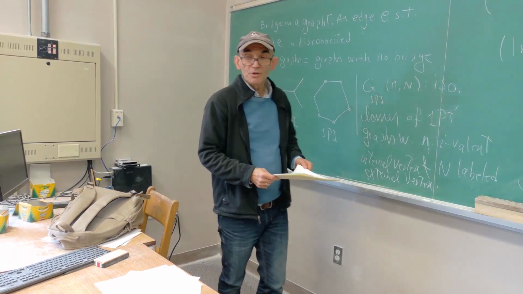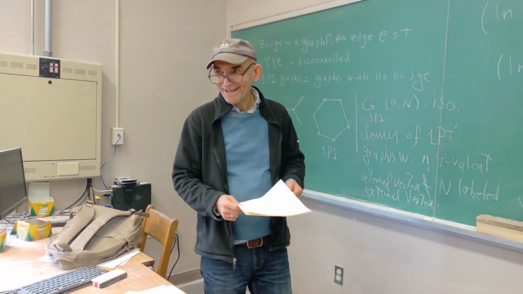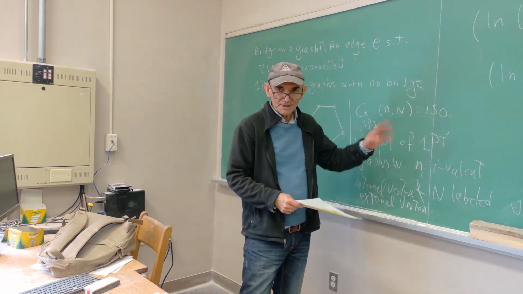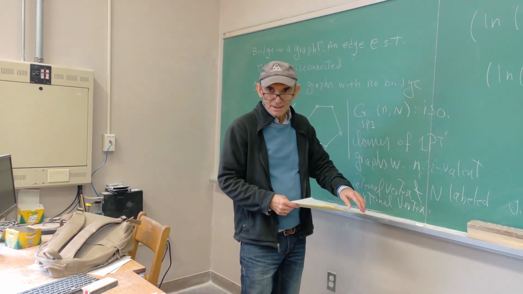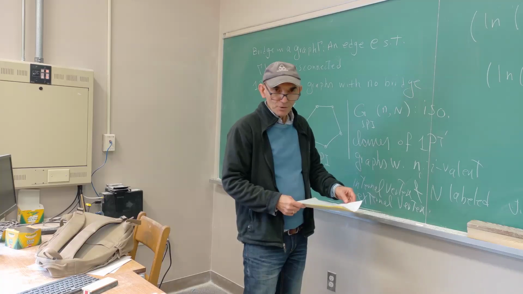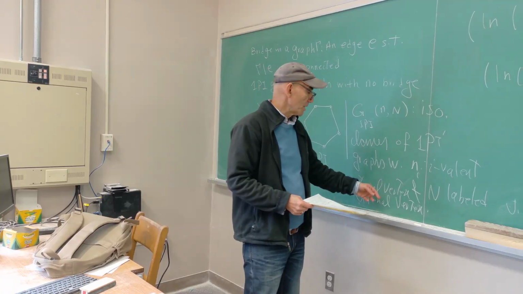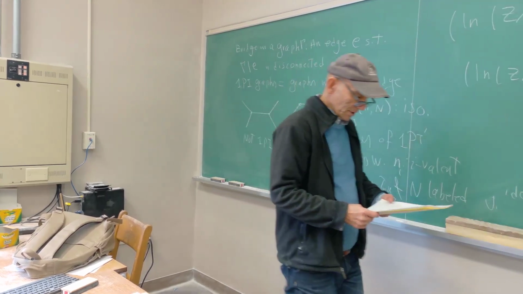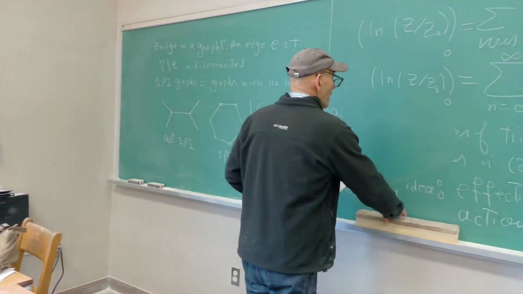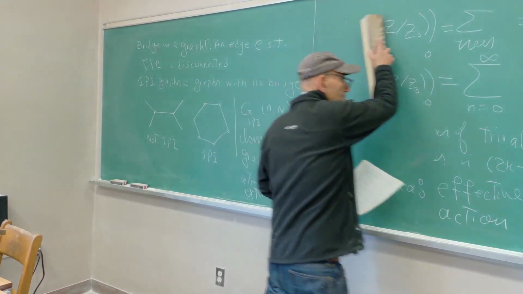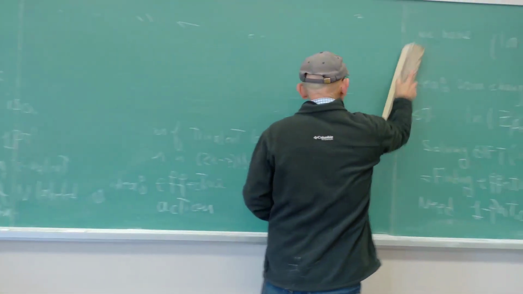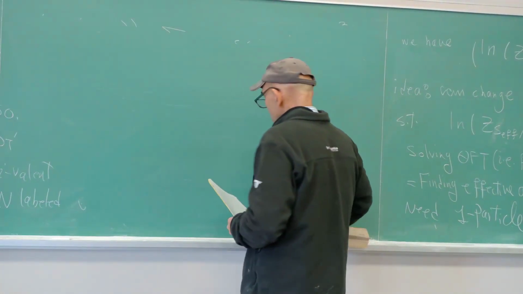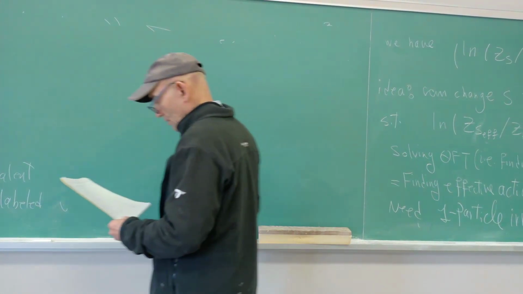Then there is a formula for this effective action in terms of summing over such graphs. Now, the formula is very similar to Feynman's recipe for partition function, but this one now is the recipe for effective action. So here's the formula, which is really remarkable.